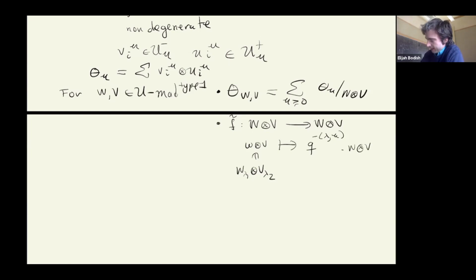And the reason we needed to have this Q to the 1 over D was because there might be a D in the denominator of this expression when lambda and mu are arbitrary weights. This is avoided if they're weights that are in the root lattice, but we're thinking about all weights.